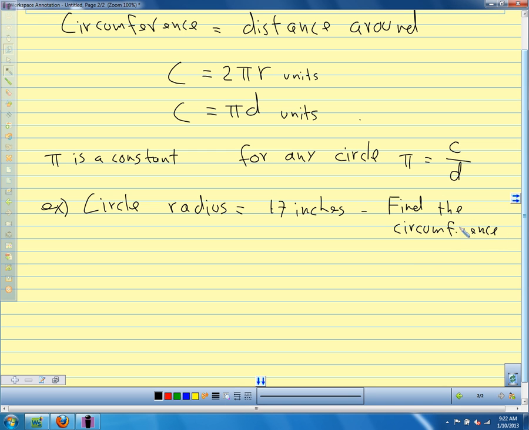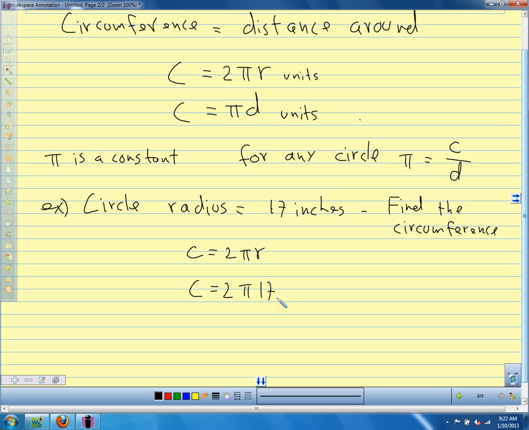So we're just going to plug our numbers into our formula. The circumference is 2 pi r. So I'm going to plug that in. Circumference is 2 pi times 17.